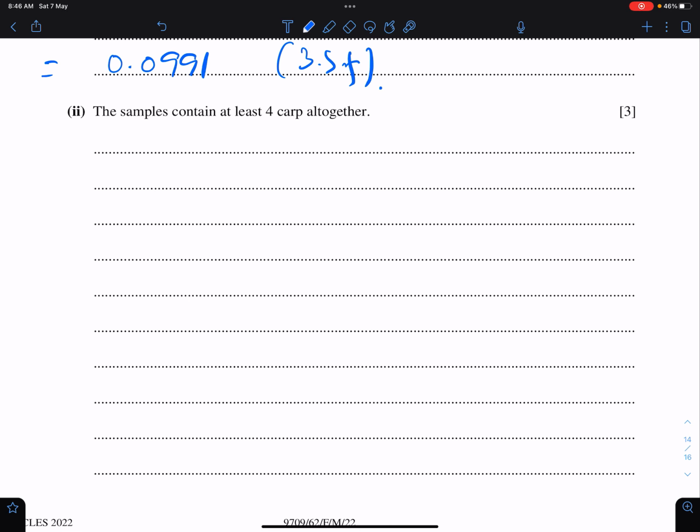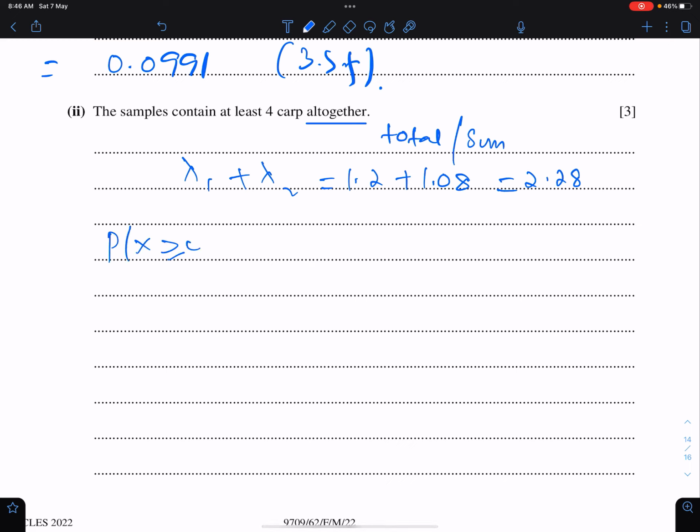Part 2. The samples contain at least 4 carp altogether. Altogether means total, the sum. So lambda 1 plus lambda 2 is 1.2 plus 1.08, which is equal to 2.28. And at least 4 means 1 minus 0, 1, 2 or 3.